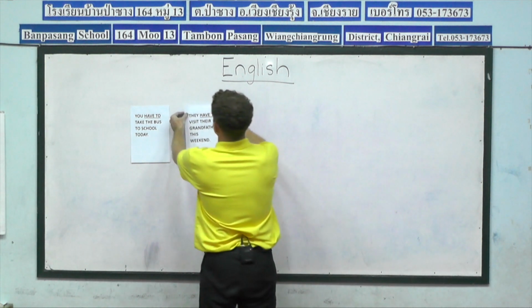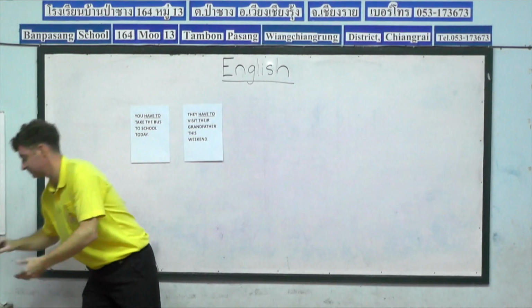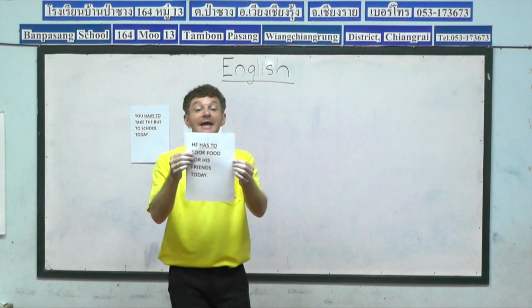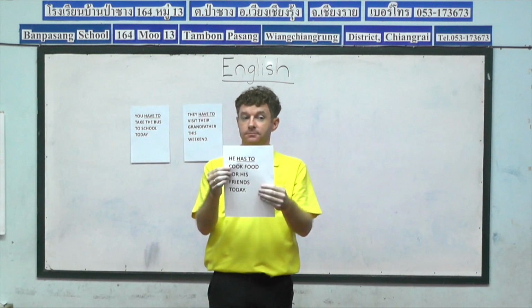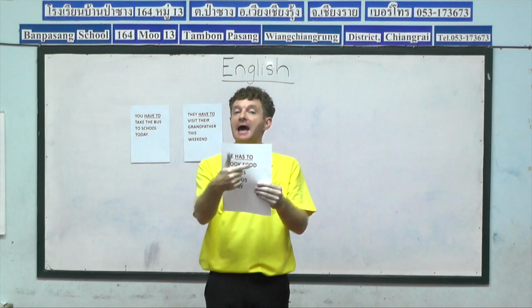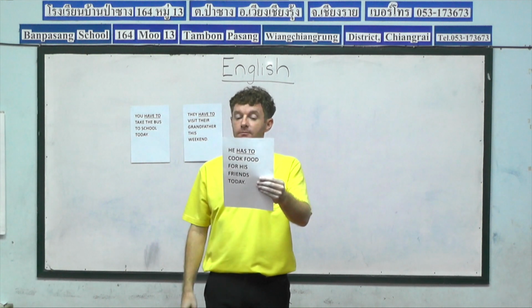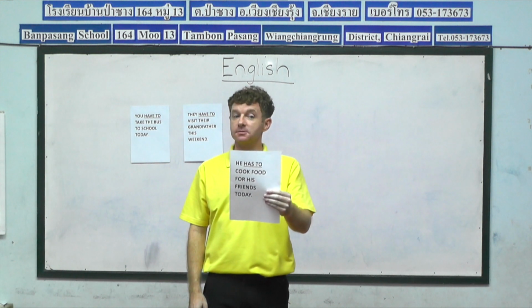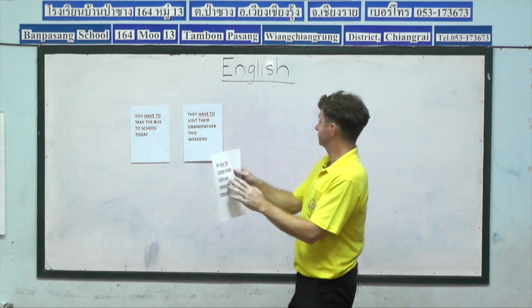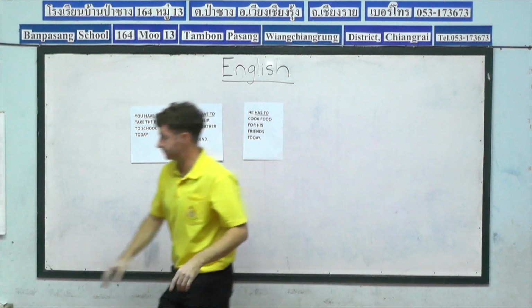Yes. Sentence number 3, he has to. Now notice the change, not have to, he has to cook food for his friends today. Okay, so these are the sentences in the correct order.